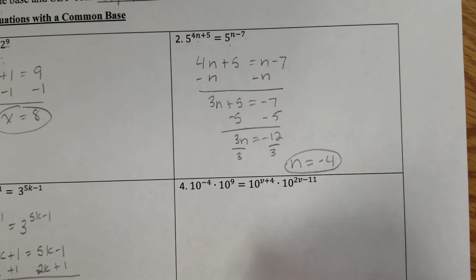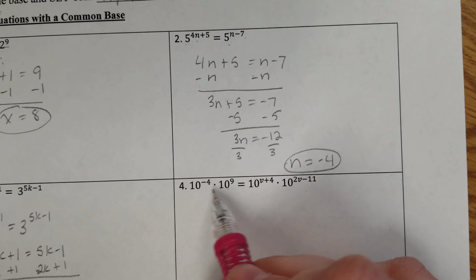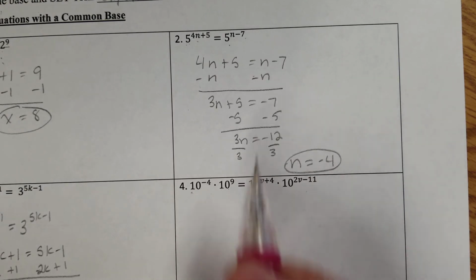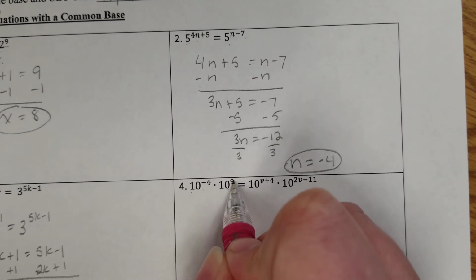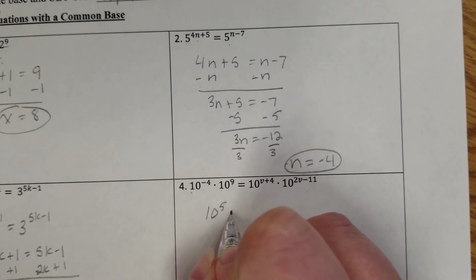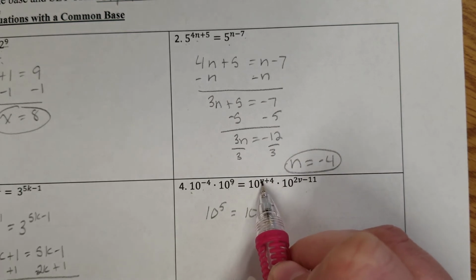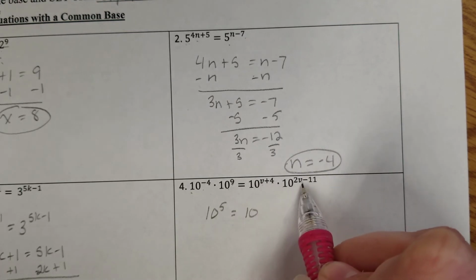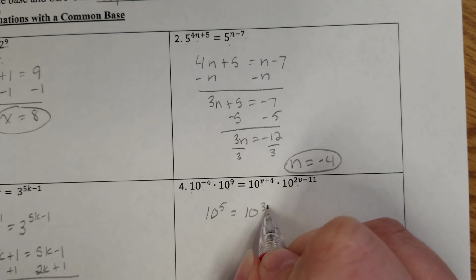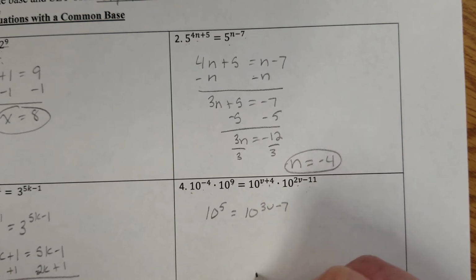So for this one, we now have to simplify on both sides because we have two bases on each side of the equal sign. So negative 4 plus 9 is 5, so we have 10 to the 5th power equals, and now over here we have to add the like terms. So v and 2v is 3v, so we have 3v, and then 4 and negative 11 is negative 7.